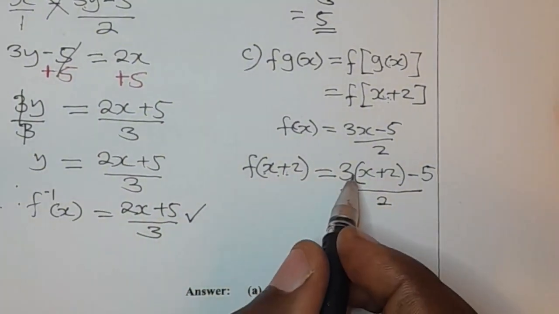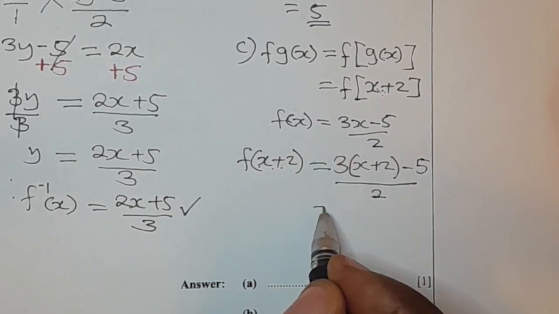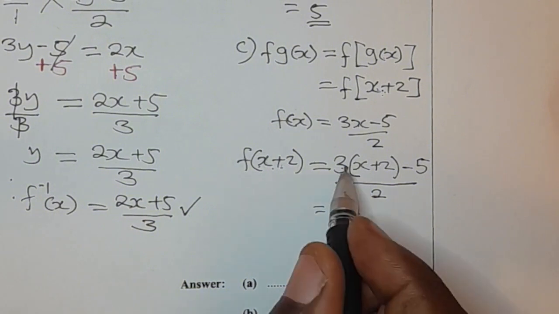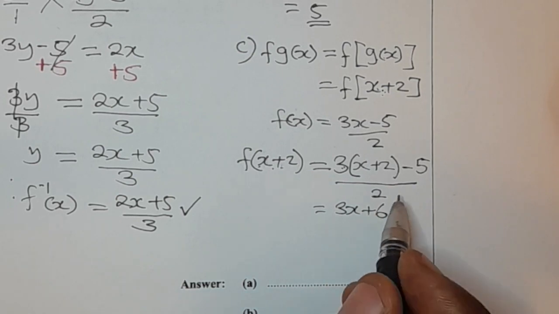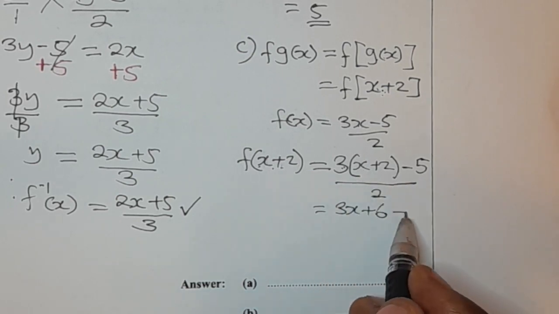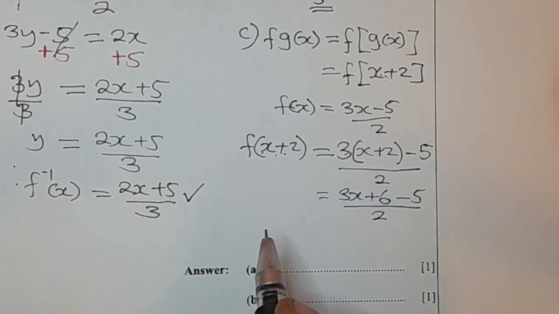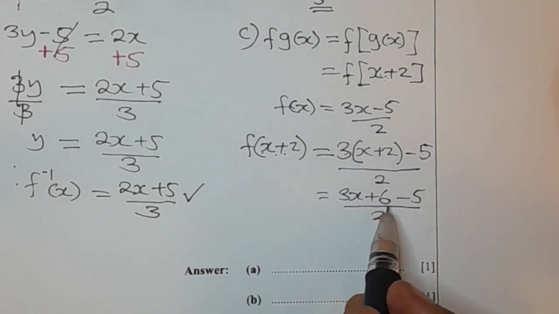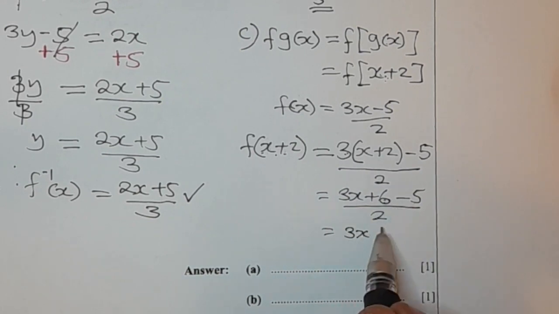Okay? Then what you have to do now is just to expand and simplify. So 3 times x is 3x. 3 times 2 is positive 6. Then minus 5, over 2. Like terms together, these can subtract each other, so we're going to have 3x, and 6 minus 5 is positive 1, then over 2.